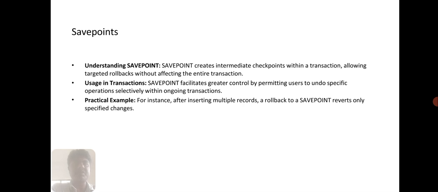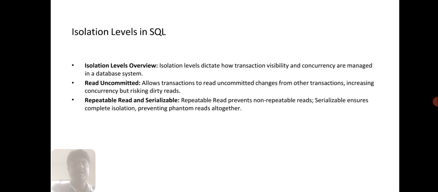And what is the usage in a transaction? Save points give greater control, permitting the user to undo specific operations selectively within an ongoing transaction. A practical example: after inserting multiple records at the same time, some save points let us roll back the specified unwanted changes. So it is an example.